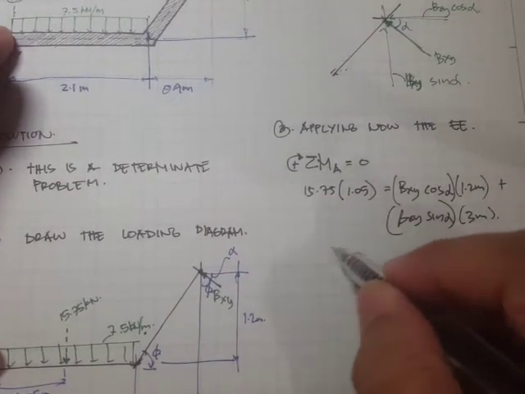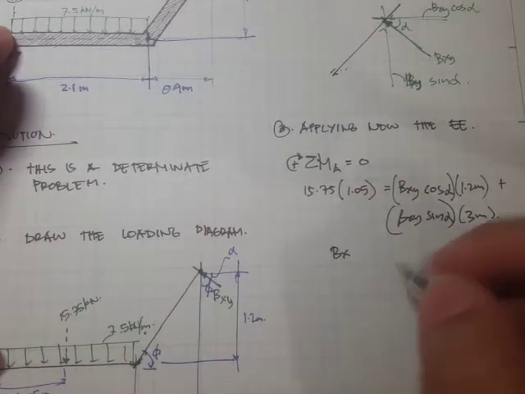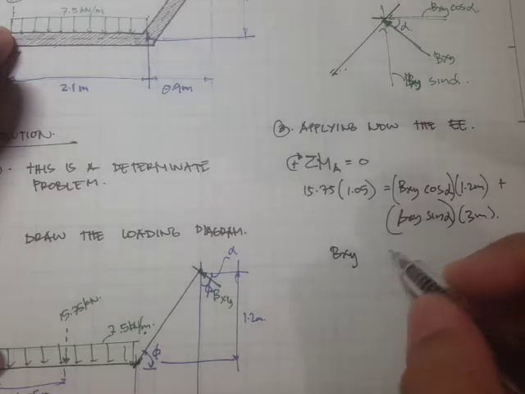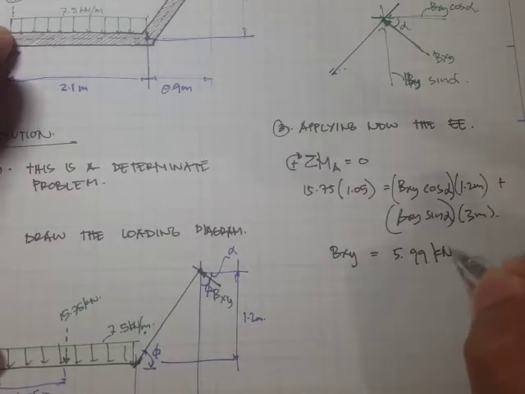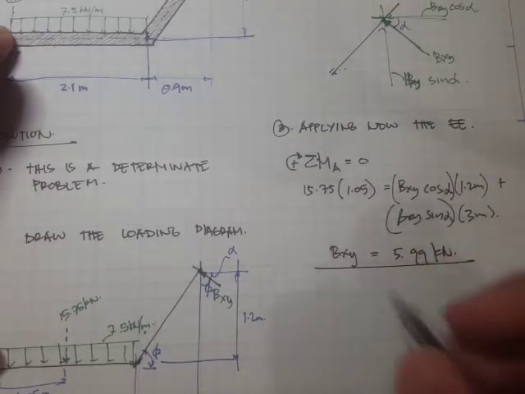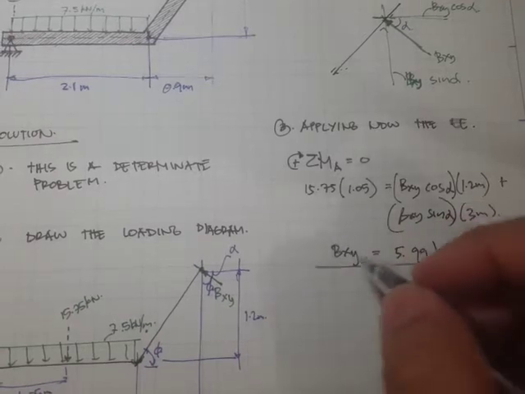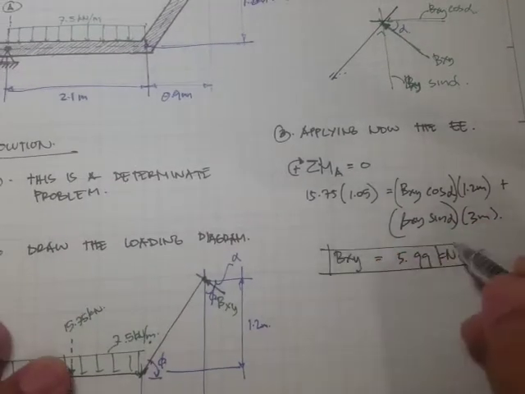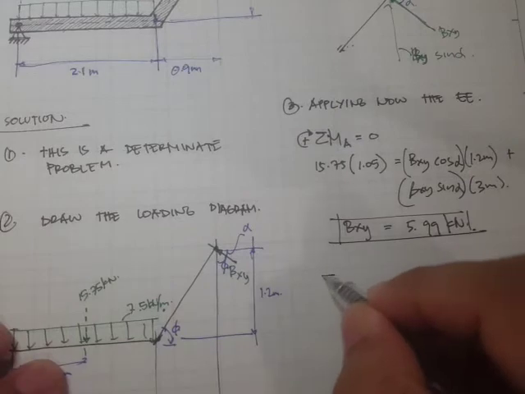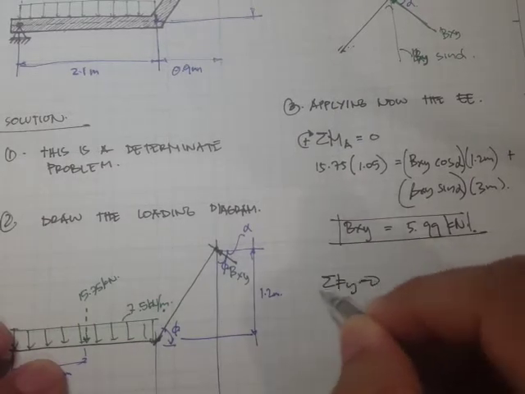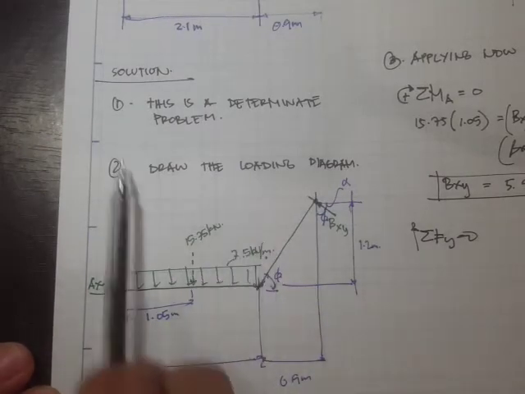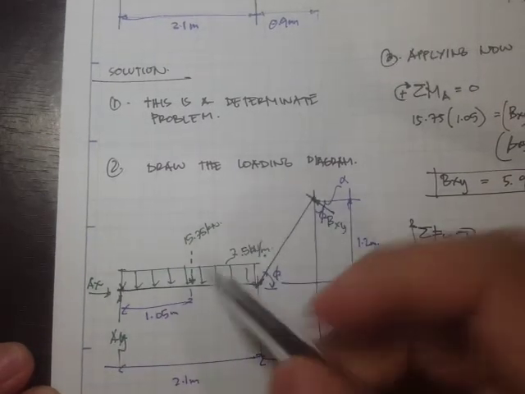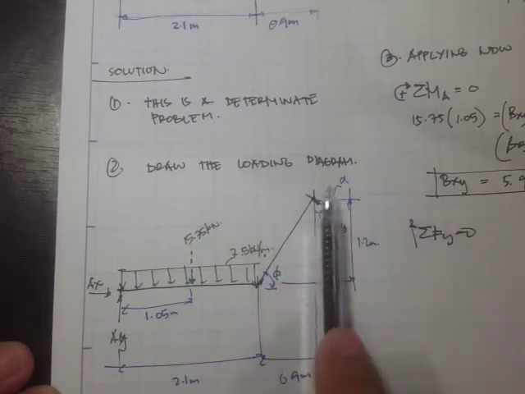Now if you do the math, the value of BXY, or let's just say B, is equal to 5.99 kilonewtons. This is our value of B. If we take the summation of forces along y equal to 0, we have the forces along the y direction: Ay, this 15.75, and the vertical component of BXY.